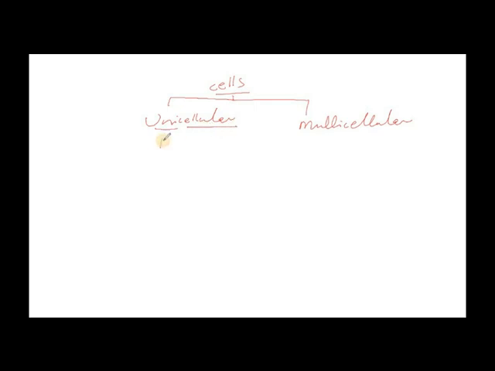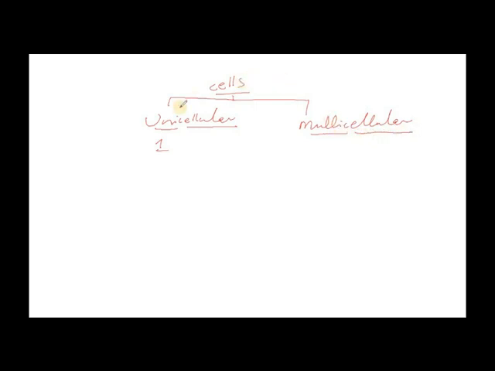Unicellular means only one cell is present in the organism throughout its life; those are known as unicellular or single-celled organisms. Organisms with more than one cell are known as multicellular organisms.